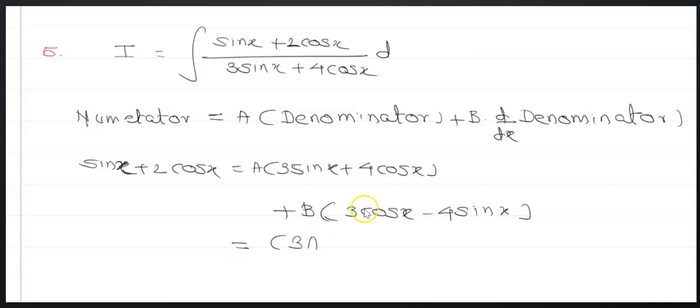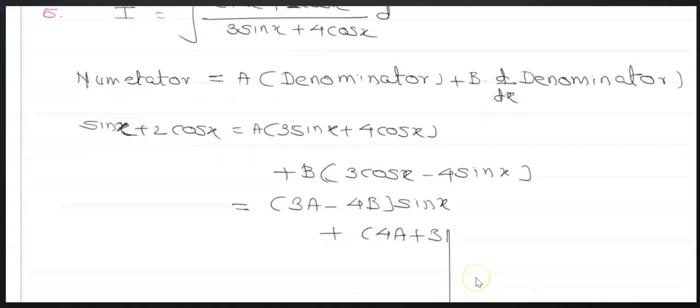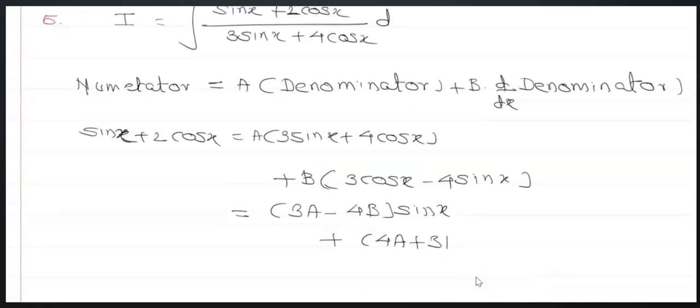Now the normal simplification gives (3a minus 4b) sin x plus (4a plus 3b) cos x. Now we will equate the coefficients of sin x and cos x. On the left hand side, the coefficient of sin x is 1. On the right hand side, it is 3a minus 4b.